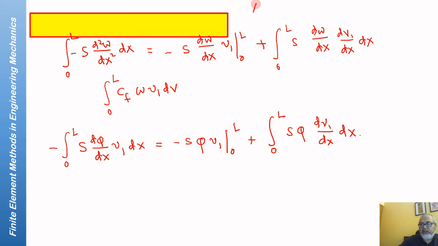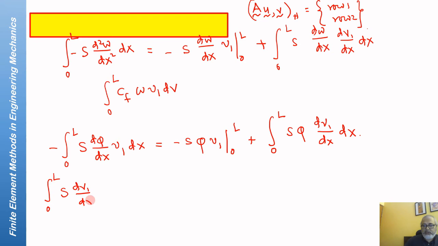Remember, we are evaluating this, and this has two rows, row 1 and row 2, which we wrote in the previous slide. These are the terms in row 1. So now I add them up, add the 0 to L terms. Let's take dv1/dx common.